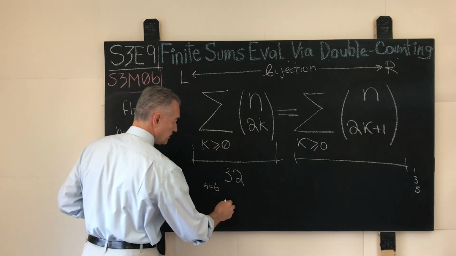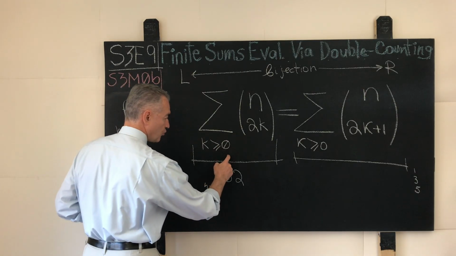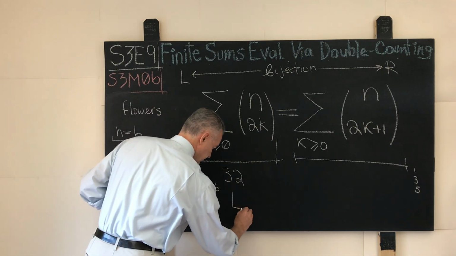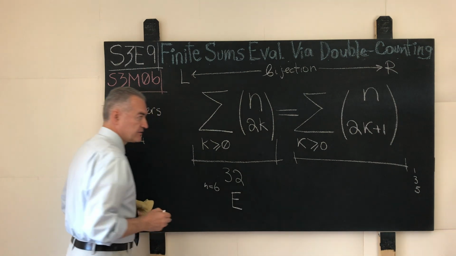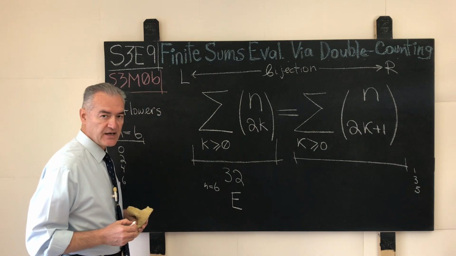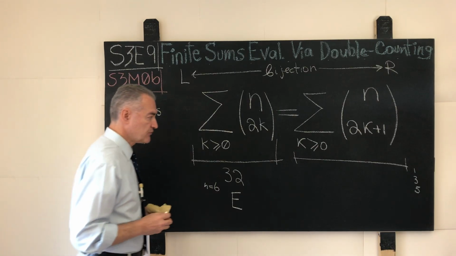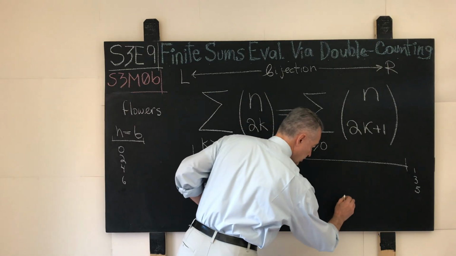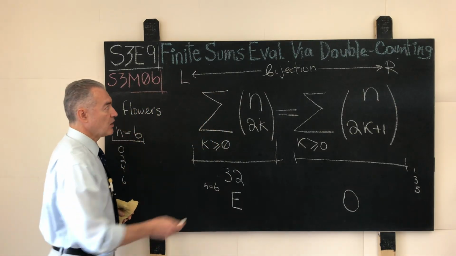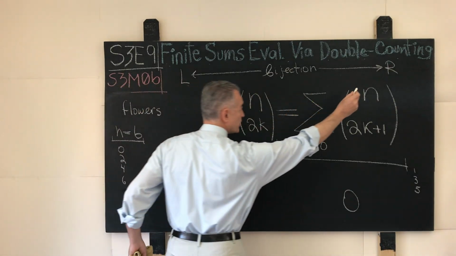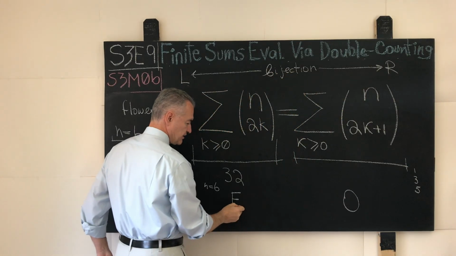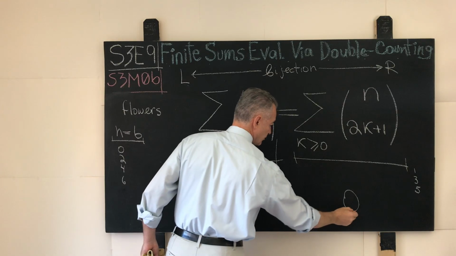Let's call the set that corresponds to all the evenly sized bouquets E, for example, and the set that contains all the bouquets that have an odd number of flowers in them, uppercase O. The question is now, how do we establish a bijection between the set E and the set O?